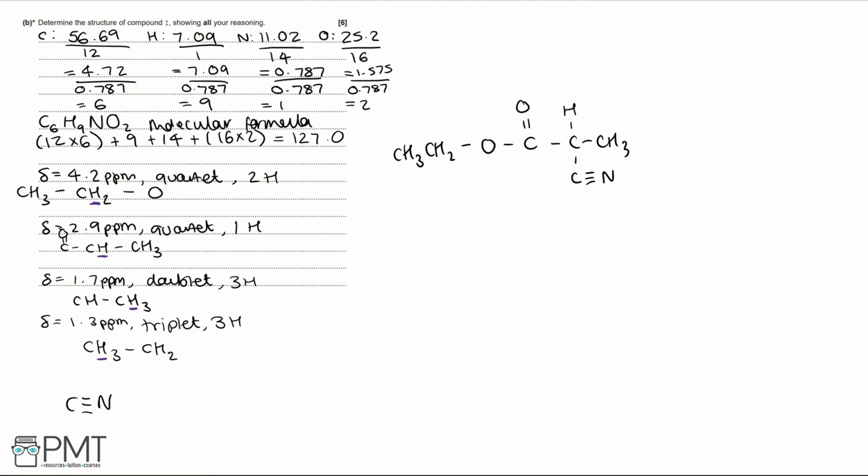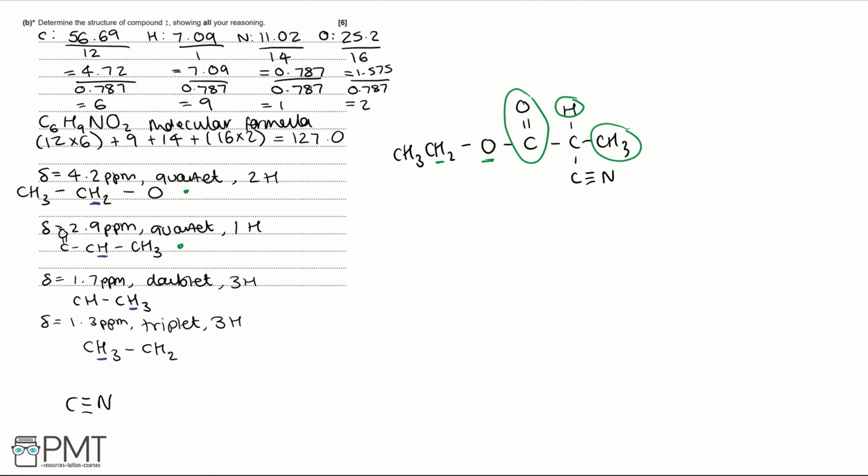So if we look at this first one here, we have our first proton environment, our quartet splitting pattern with a chemical shift value of 4.2 because it's connected to this oxygen. Then if we move along, we have our proton environment here from our hydrogen. It's connected to this carbon double bond oxygen, and it will have a quartet splitting pattern because of this CH3 group.